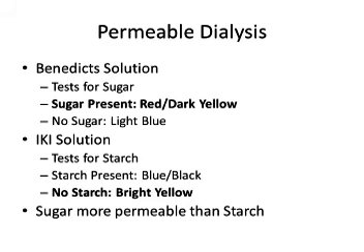And so that means that sugar is more permeable, or sugar has an easier time diffusing through the membrane of the dialysis than starch, because sugar is a lot smaller molecule than starch, and starch needs to break down into sugars in order for it to diffuse through.